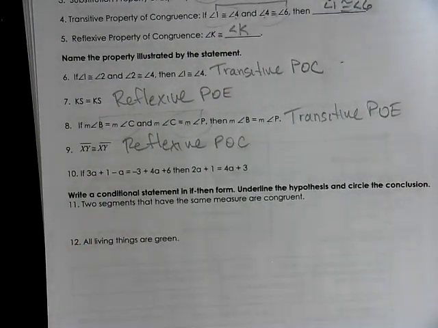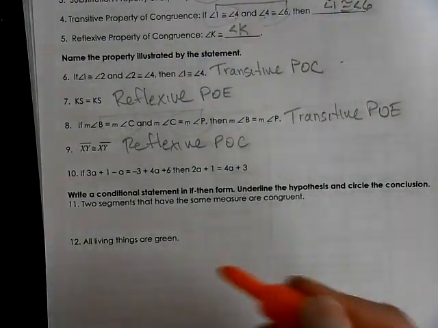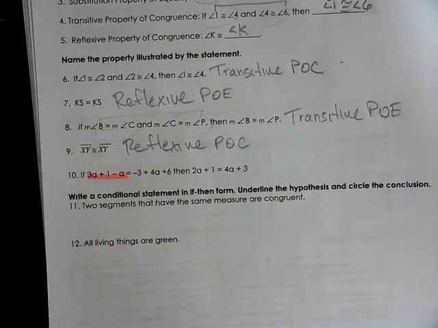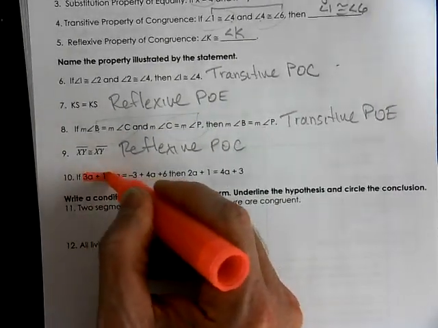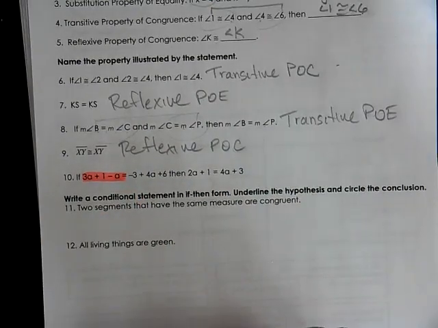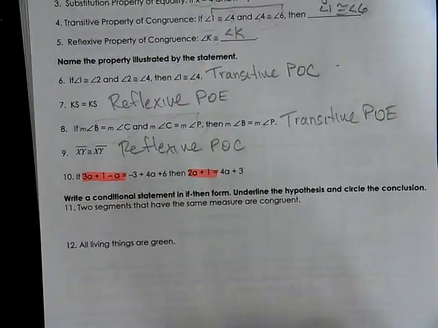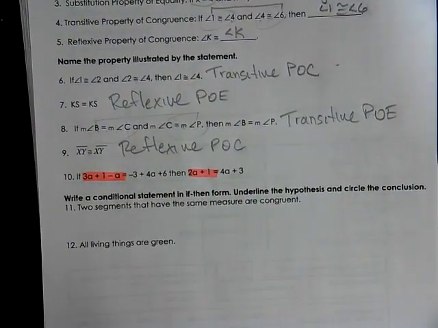This is kind of a tricky one. Notice that this portion, where we have 3a plus 1 minus a, is going to turn into 2a plus 1.